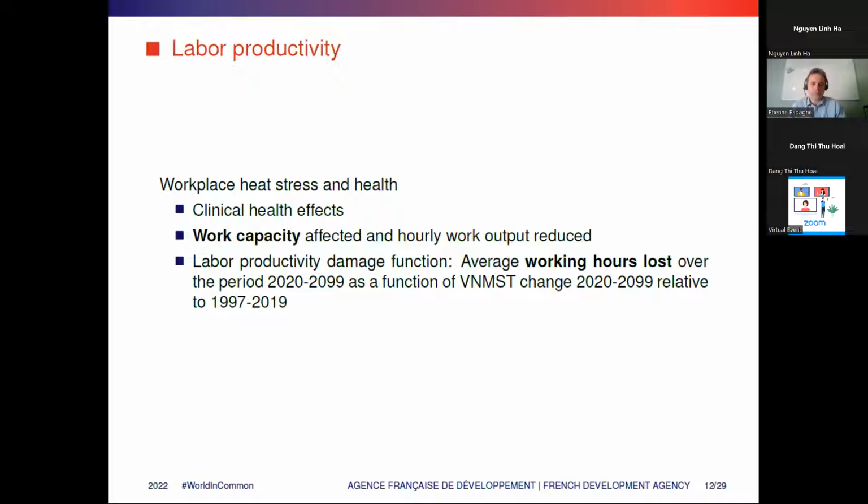And we use all of these studies in a meta-analysis and translated them into working hours lost, even when the initial variable was WBGT, to be able to build statistical damage functions linking working hours lost to a change in Vietnamese mean temperature.